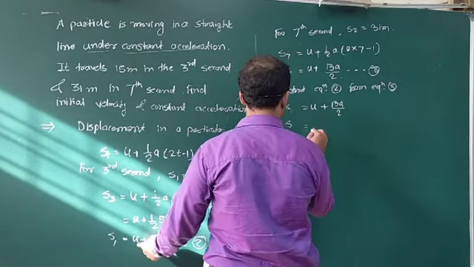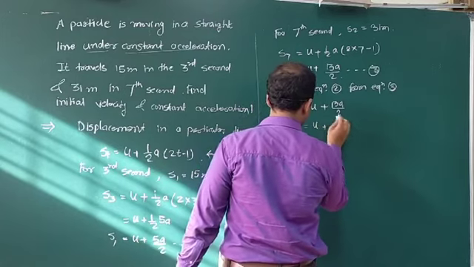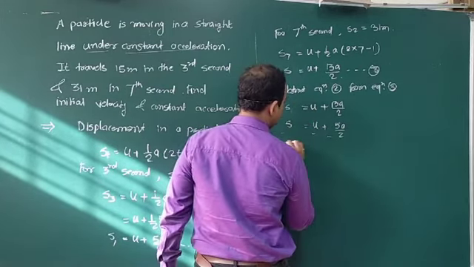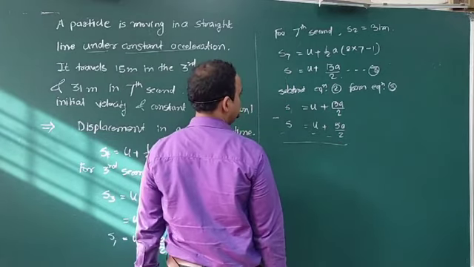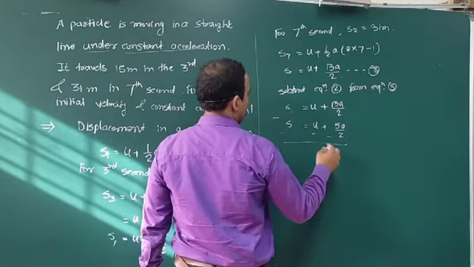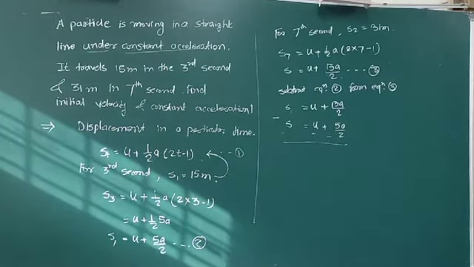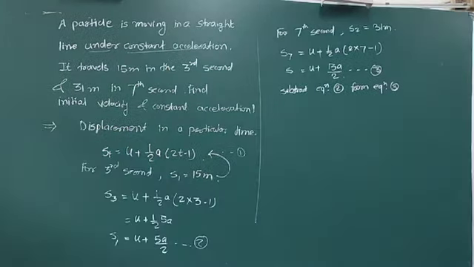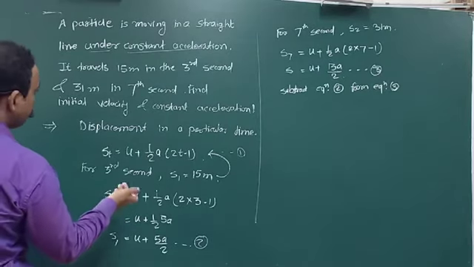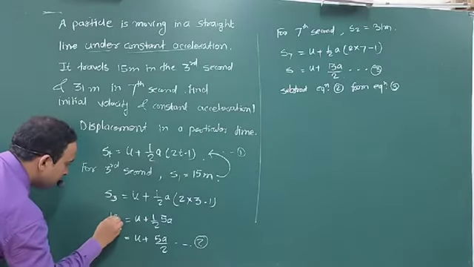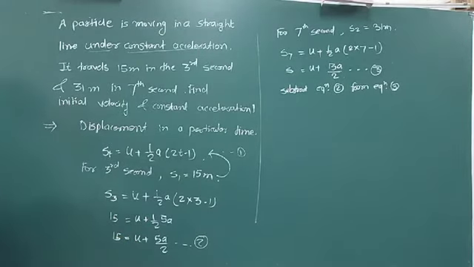u plus 5a by 2, so minus minus. Now see, with displacement also given, we did not substitute the displacement, that is 15, so here 15 also.